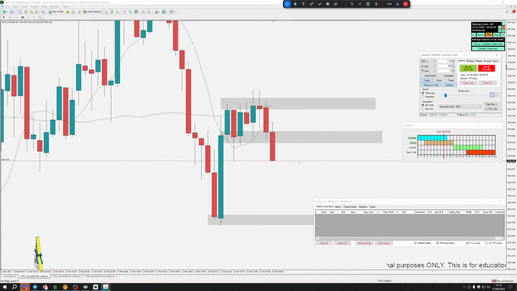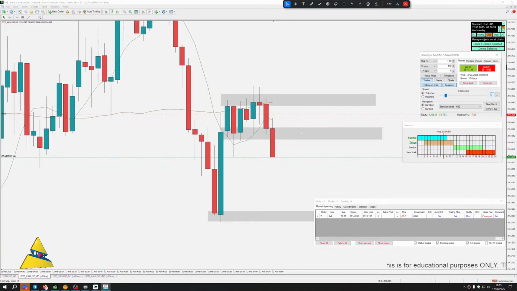Okay, all right, there it is. Stop loss just above this area. We could put the stop loss above the candlestick, or we could just put it within the range, here about 11 pips. So let's do 11 pips.